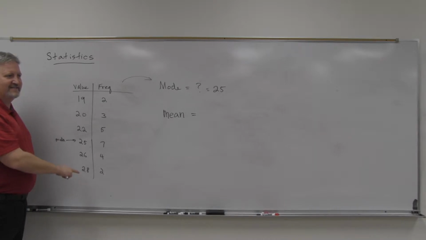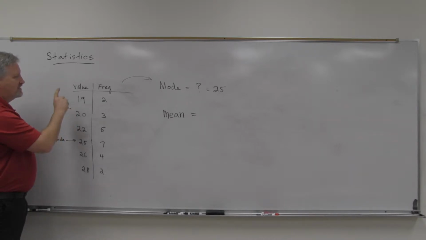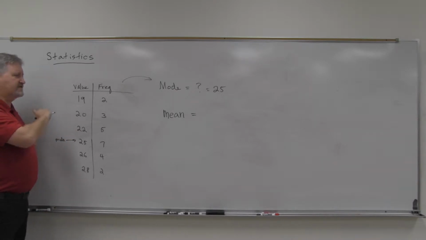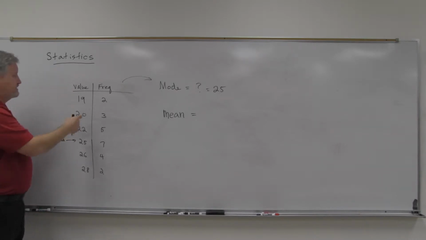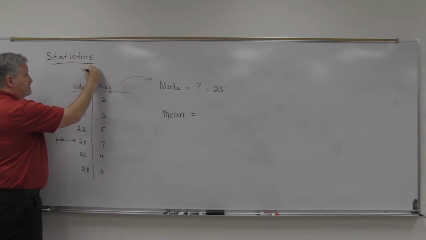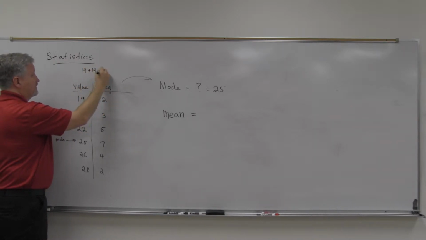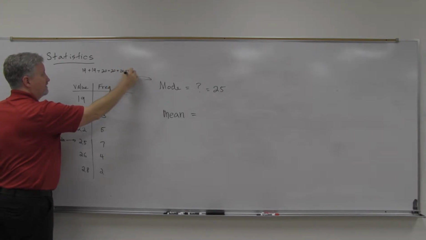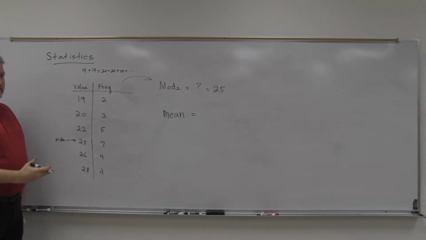That's not the case, is it? No, to get the mean, to get the average, again, the average is adding up all the values. And one way I could do it is I could write out 19 plus another 19, then 20, and so on. So I could, by hand, write out all the values and get that sum.